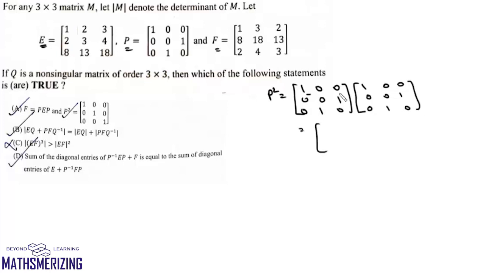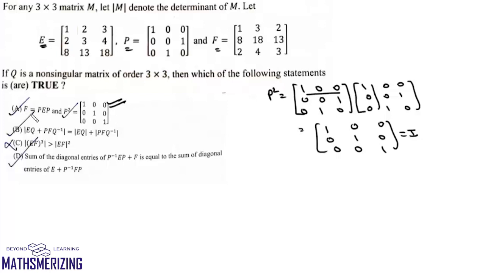So this value will be 1 and then 0 0. Here will be 0 1 0, and then it will be 0 0 and 1. So basically value of P square is I. So P square is an identity matrix.